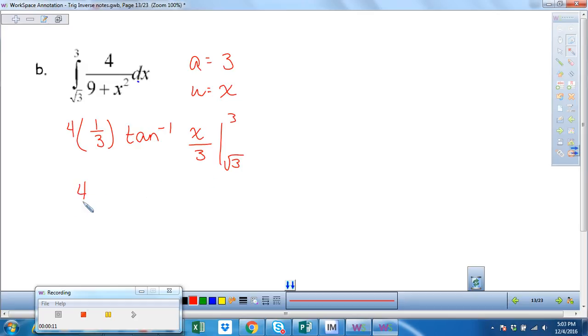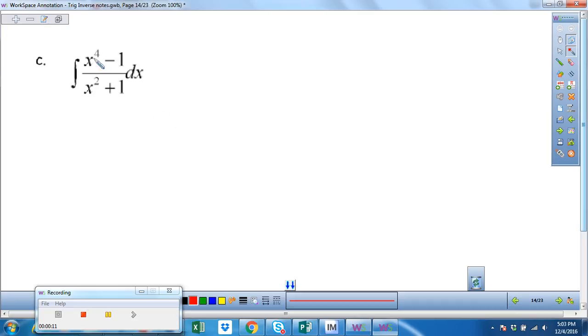So I get 4/3 times the tan inverse of 3 over 3, which is 1, minus the tan inverse of radical 3 over 3. And again, I'm going to leave that to you and your unit circle skills to complete.